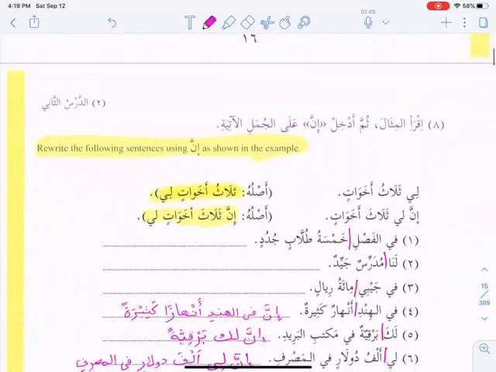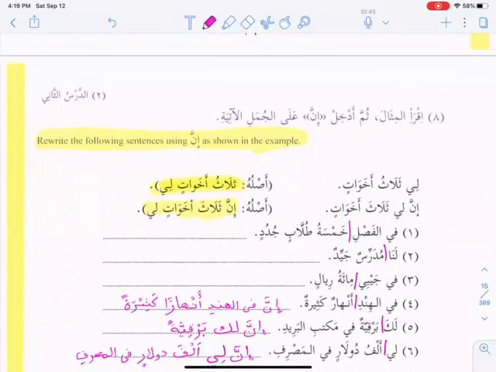Now here, you have to put inna, my brothers and sisters. This, you must do and try to analyze if possible. Fi, firstly, so you will start your answer with inna fil fasli. Now, what is the job of inna? To make a noun mansub. It's a noun.